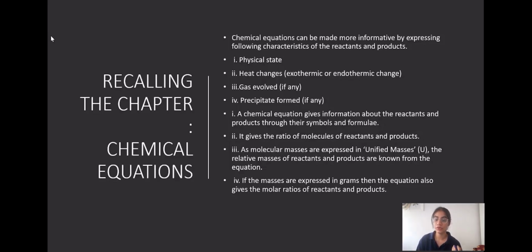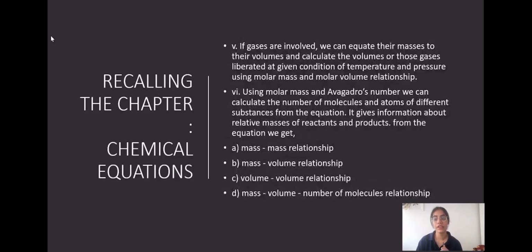So, a chemical equation gives information about the reactants and products through symbols, formulae, and through different characteristics that we express. Usually, if molecular masses are expressed in unified mass, then the relative mass of reactants and products are known. This can be converted into gram mass, expressed in grams, and then we can calculate molar ratios of reactants and products. If gases are involved, we can equate their masses to their volumes to calculate the volumes of those gases that are liberated at a given condition of temperature and pressure.